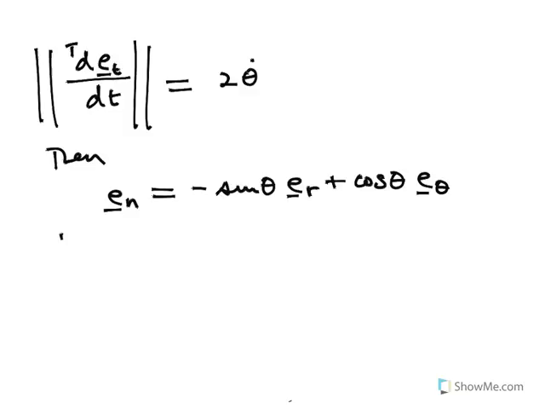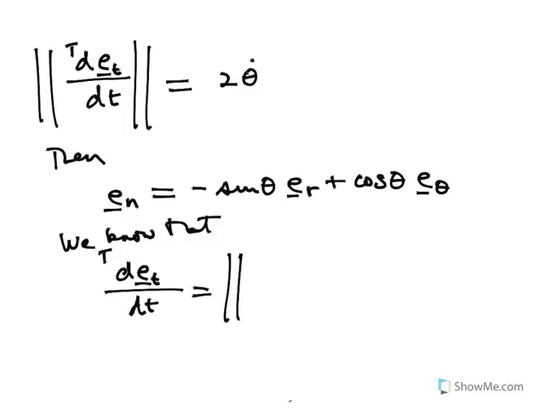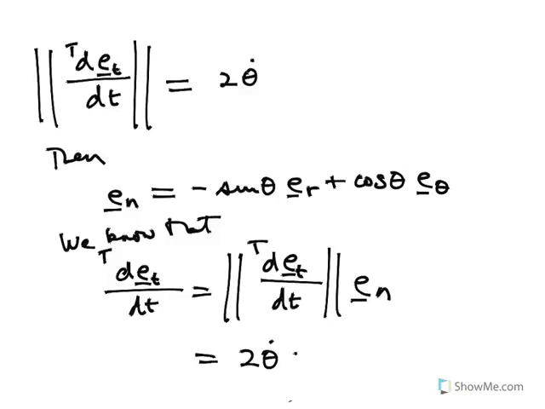And what we know is that de_t/dt is equal to its magnitude times the principal unit normal. Well, the magnitude is equal to 2 theta dot, times e_n. So this gives me that de_t/dt is equal to 2 theta dot times e_n.